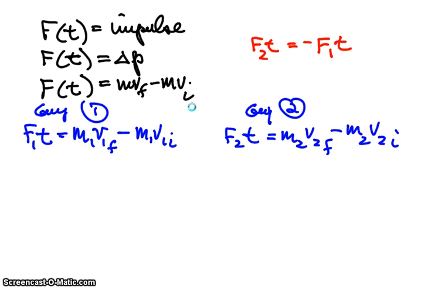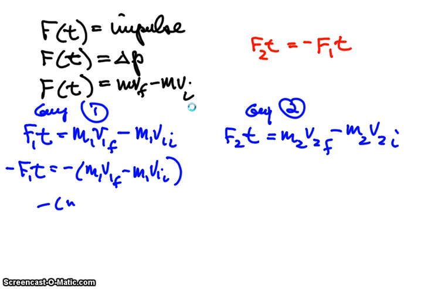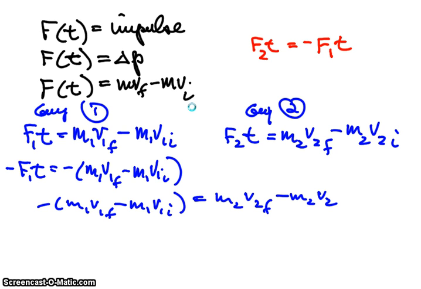We will have a minus F1t equals a minus m1 v1 final minus m1 v1 initial, and we can set them equal. We can set minus m1 v1 final minus m1 v1 initial equal to m2 v2 final minus m2 v2 initial.